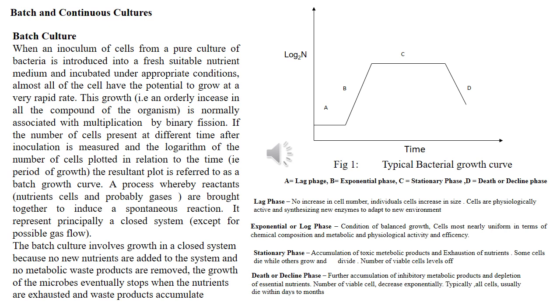In the lag phase, there is no increase in cell number. Individual cells will increase in size and absorb nutrients, because the cells are physiologically active and probably synthesizing new enzymes to enable them to adapt to a new environment, a process of acclimatization.